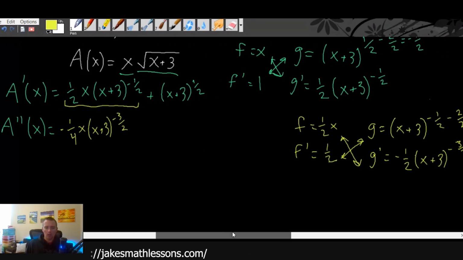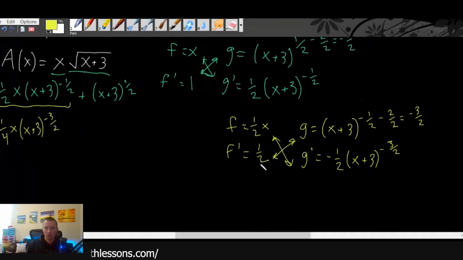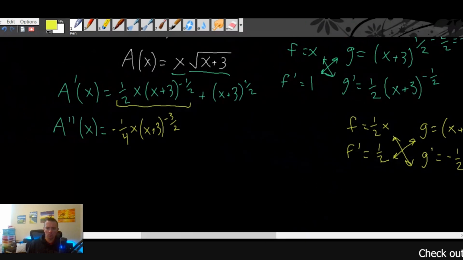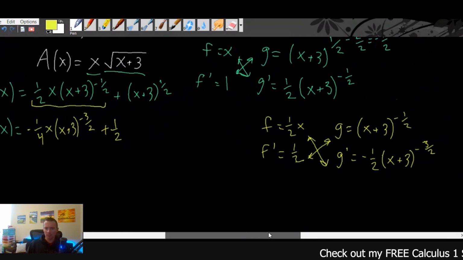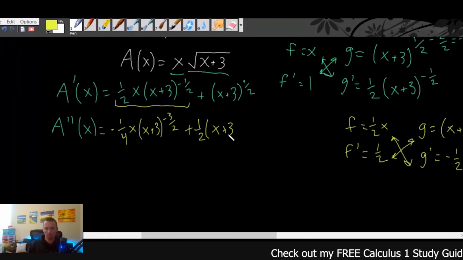Okay, and then we need to do this 1/2 times x plus 3 to the negative 1/2. So then plus 1/2 times x plus 3 to the negative 1/2.